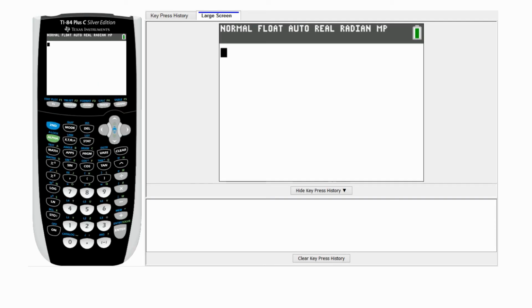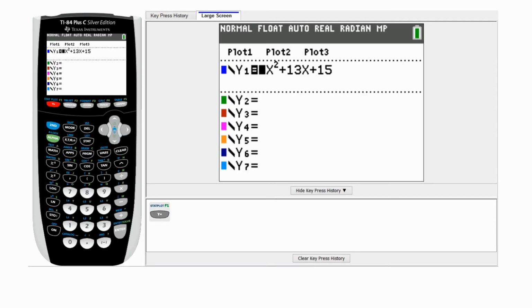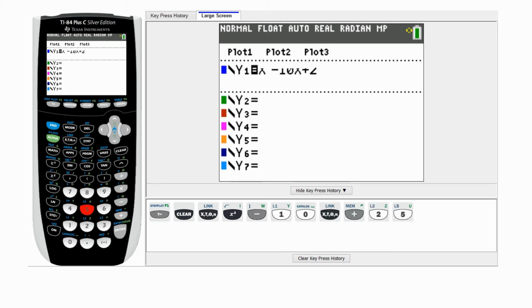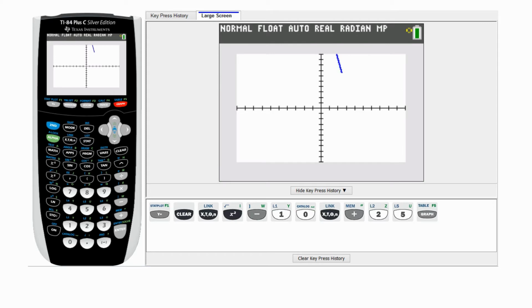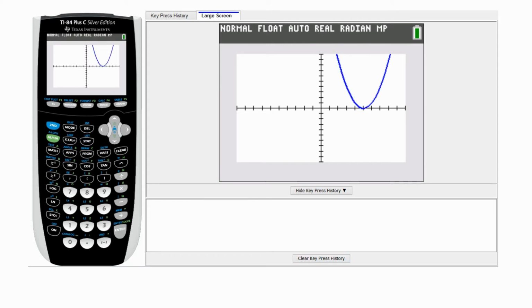Verifying this on my calculator, go to y equals, clear out what's there, I type in x squared minus 10x plus 25. Go to graph. And notice that the vertex of our parabola is on my x-axis.